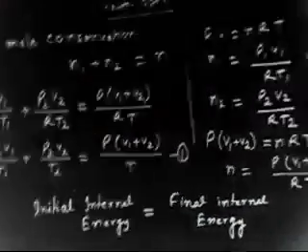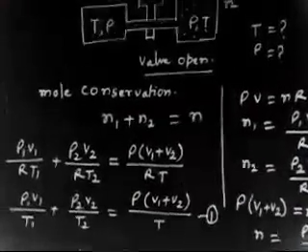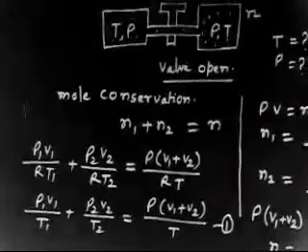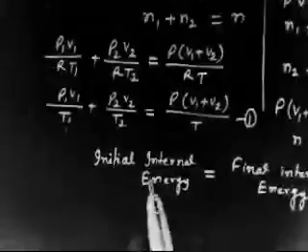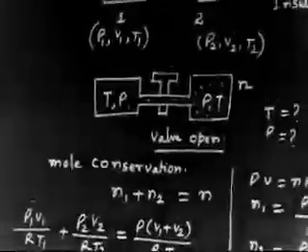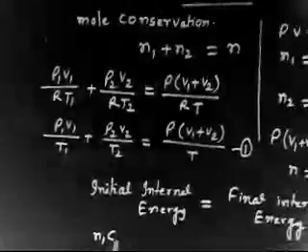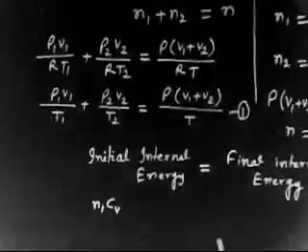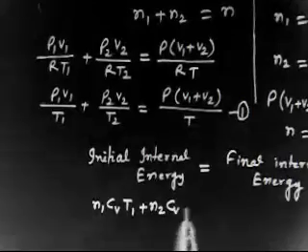So the initial internal energy is N into CV into T. Basically, I can find internal energy in terms of changes, and some constant will cancel from both sides. So I can write in terms of absolute internal energy, N into CV into T. So N1 CV into T1 plus N2 into CV into T2.